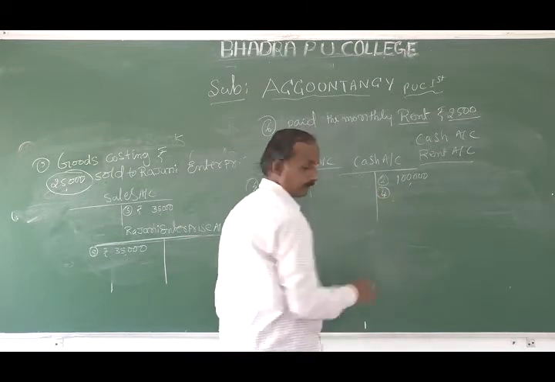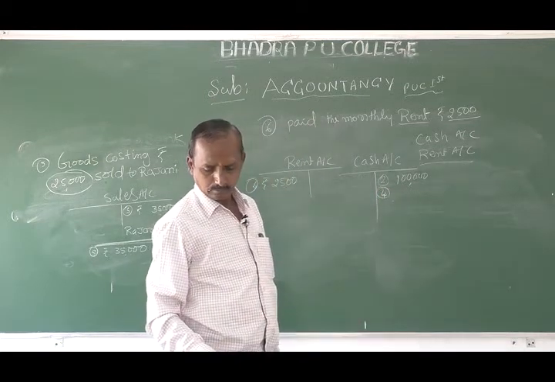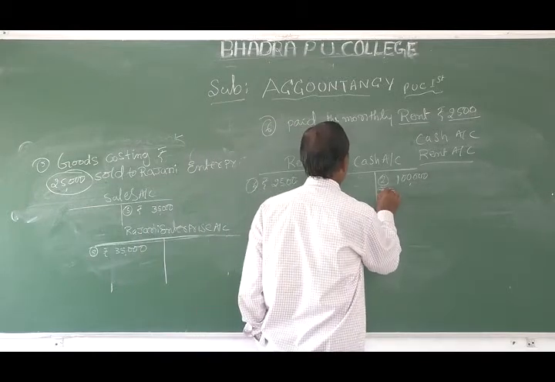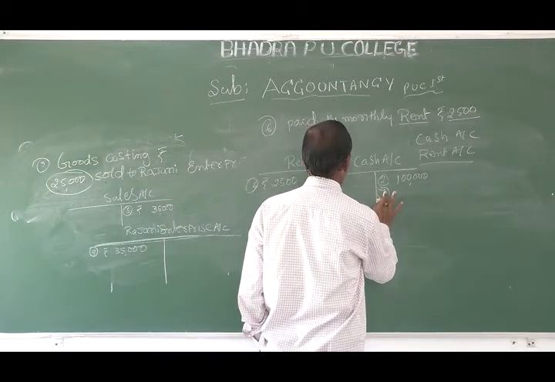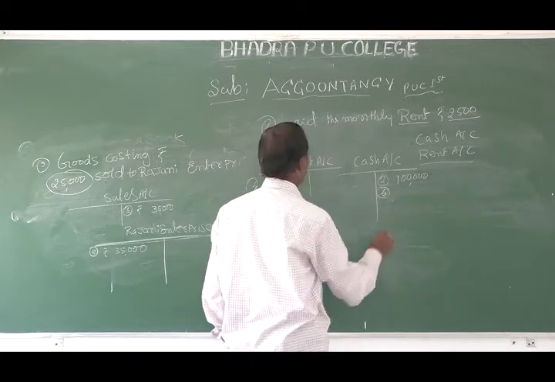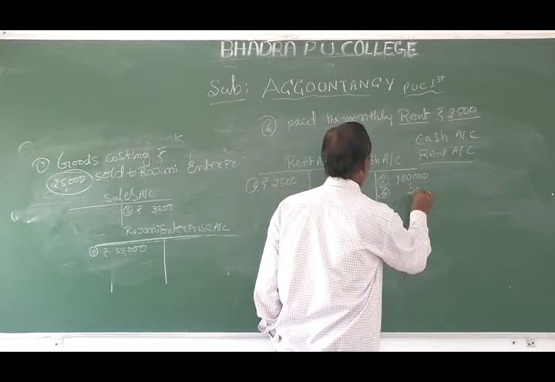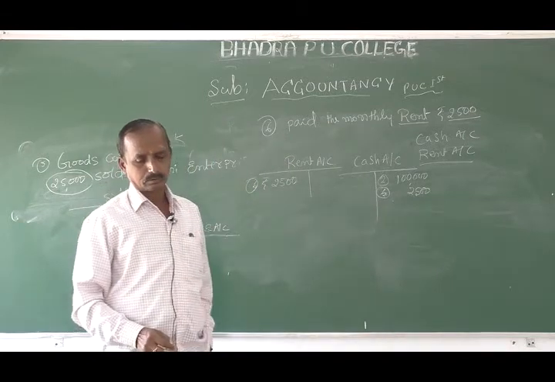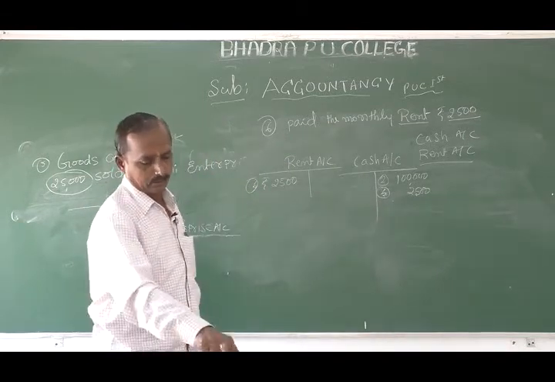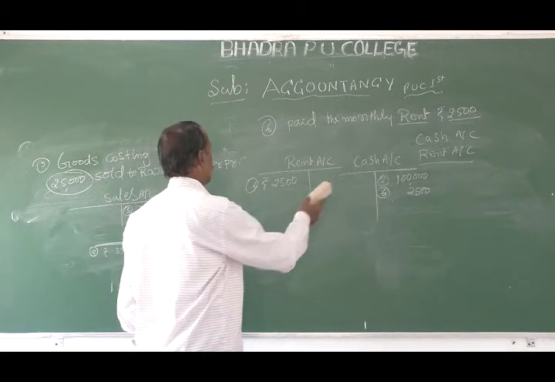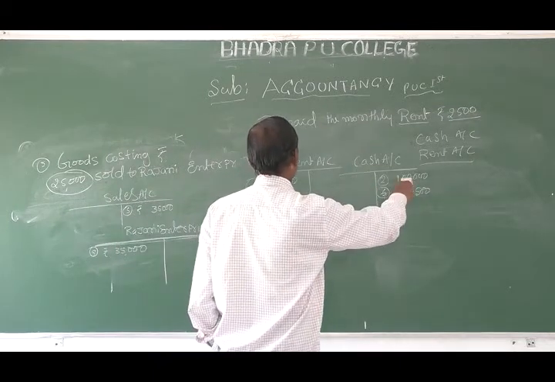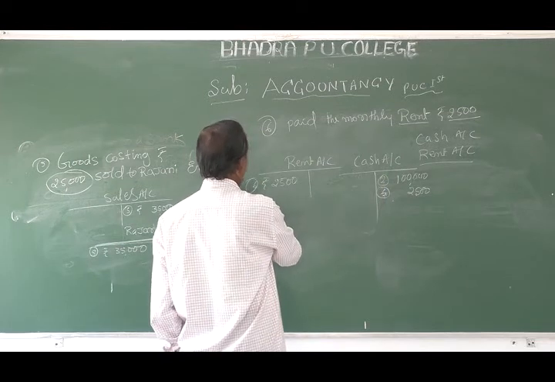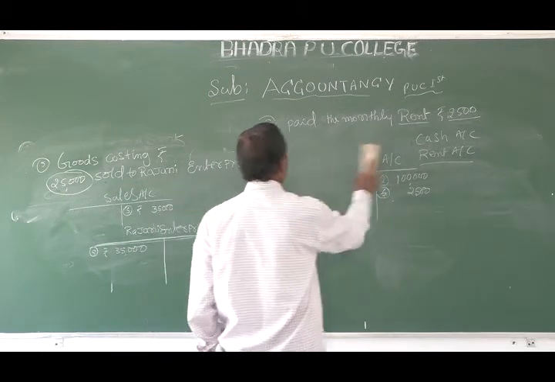Fourth one. Next, sixth one, 2500. 2500 will be credited. The previous balance will be taken into account at the time of entering the transactions.